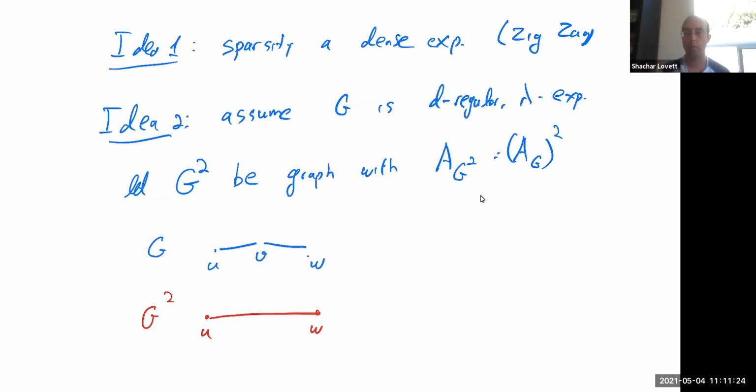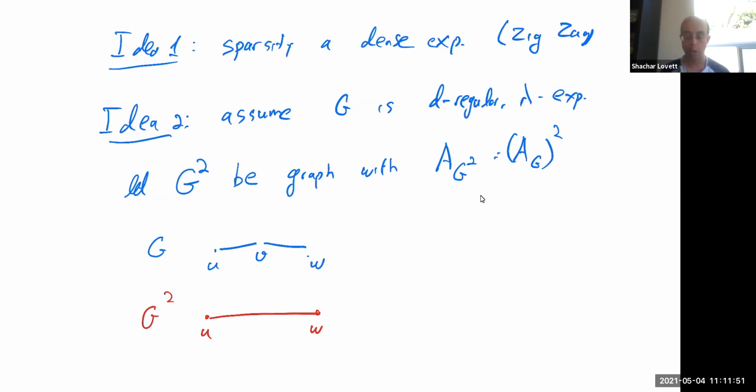So just think of the adjacency matrices as matrices where the ij entry counts the number of edges between i and j. Squaring the adjacency matrix of a graph creates the adjacency matrix of a new graph that corresponds to steps of size 2. Every single step in G squared corresponds to taking 2 steps in G.